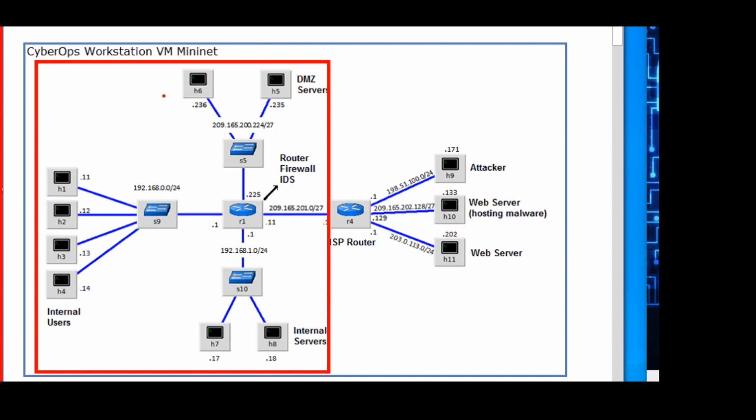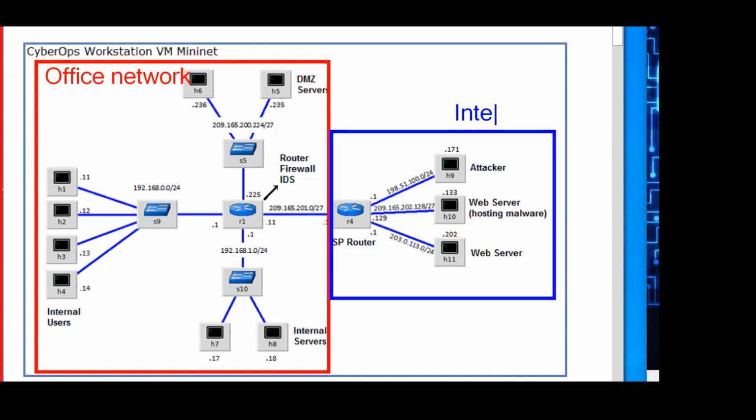The red color box represents the set of network computers inside the company, for example, the office network. And then on the right-hand side, you will see this bunch of routers and computers. In order for the office network computers to access the internet, they have to pass through this router.